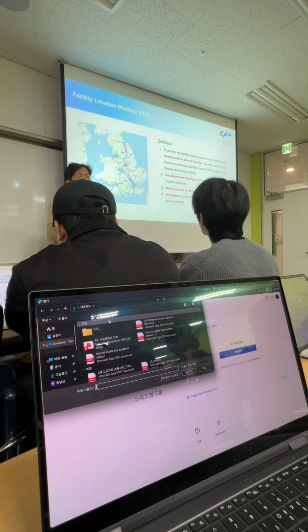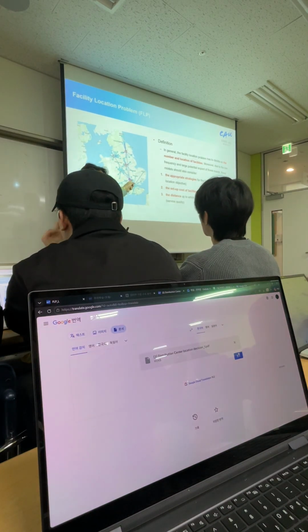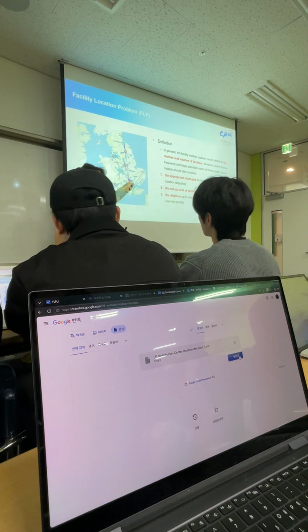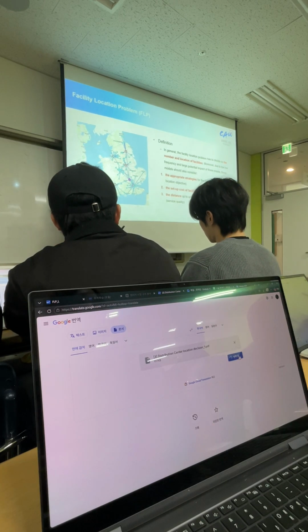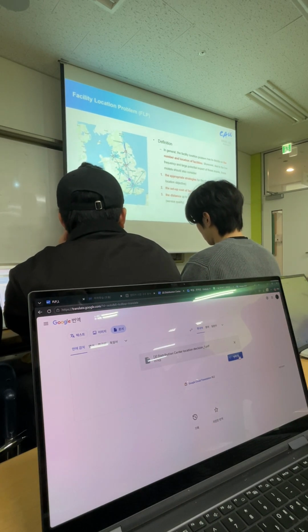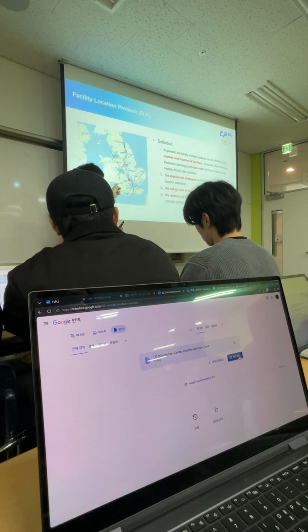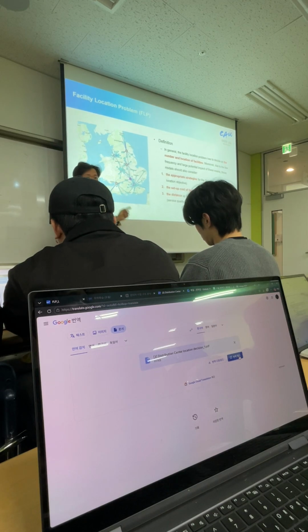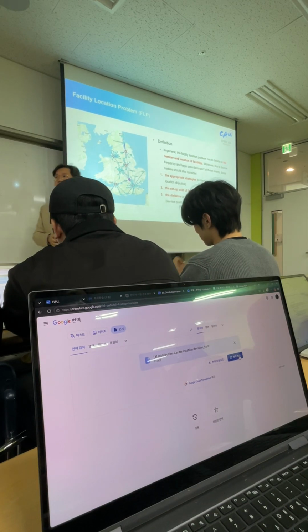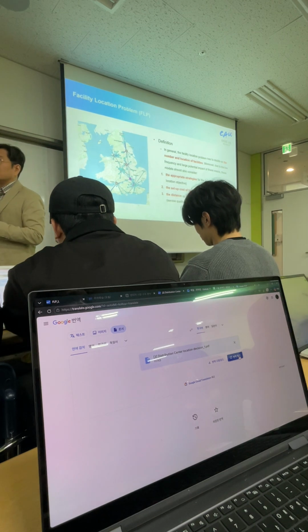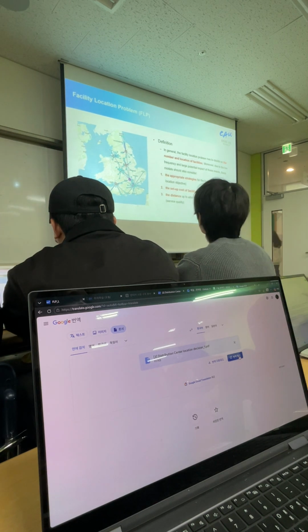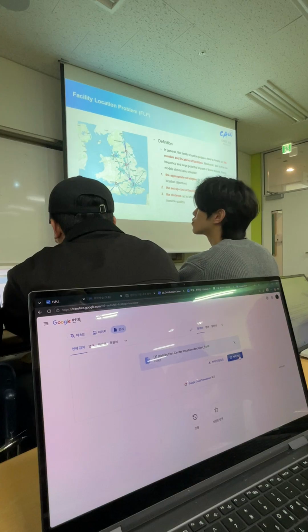The first one is a manufacturing facility, and from the manufacturing facility you send the goods to the distribution center, and then from the distribution center you distribute the goods to the customer's warehouse. That is a typical B2B facility structure.